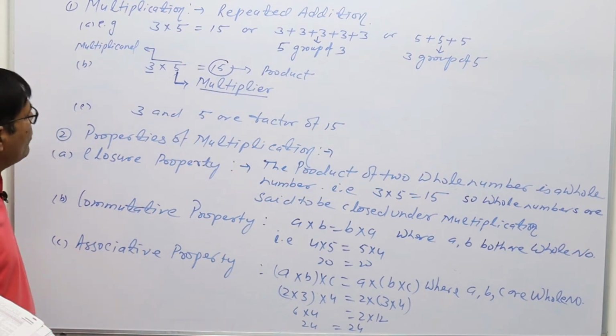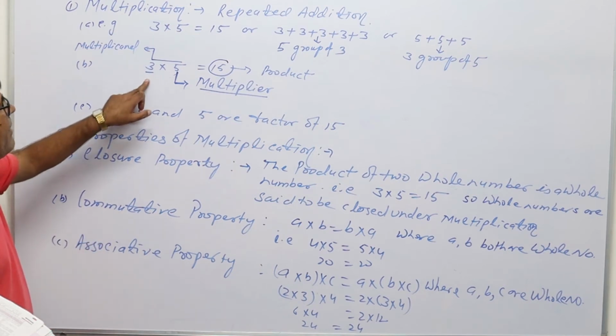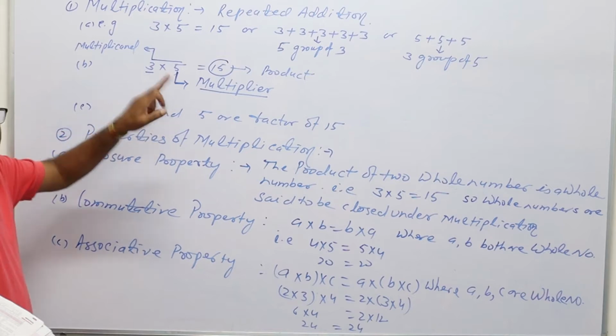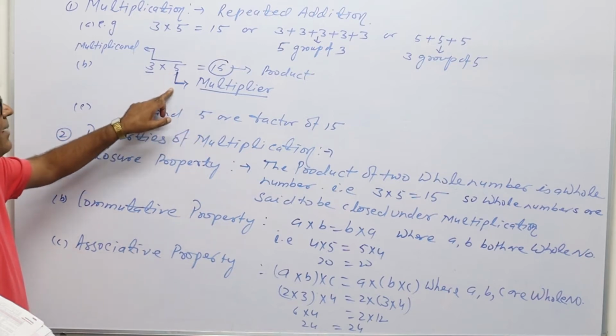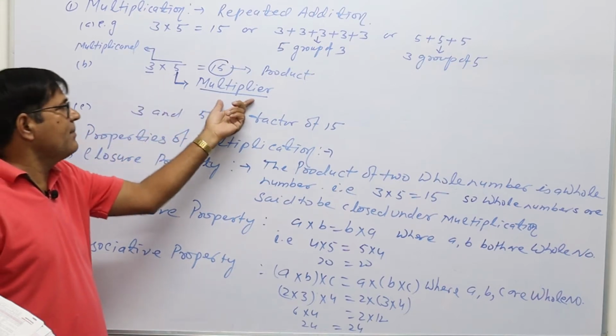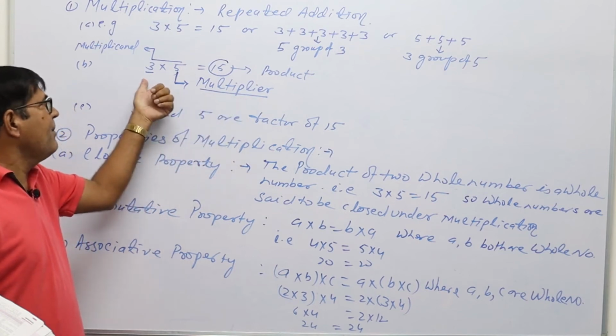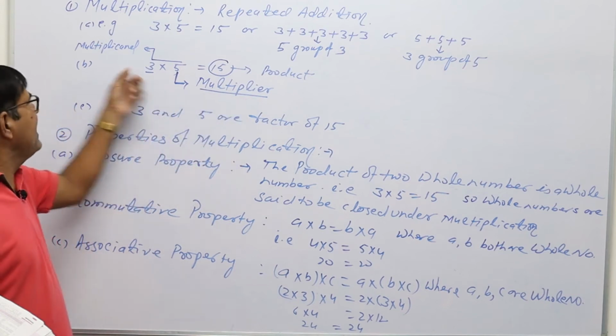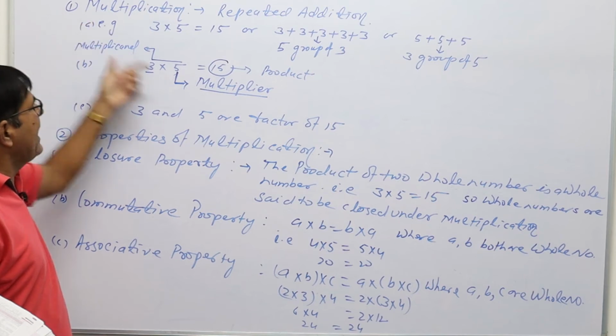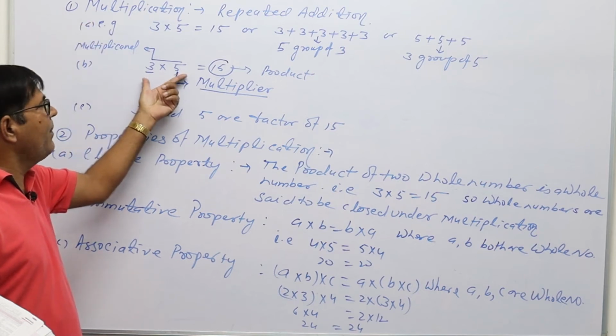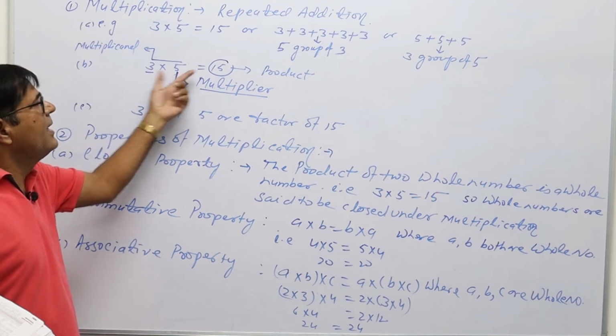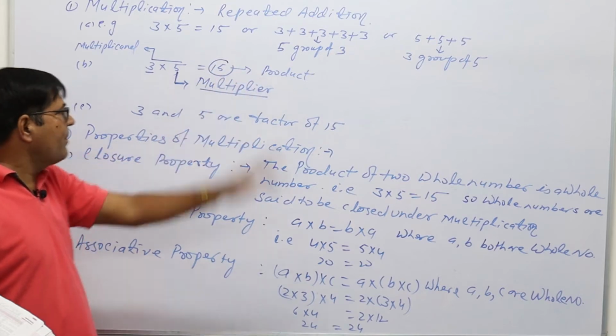So if we multiply a given number by another number, then the number by which we are multiplying is known as the multiplier, and the number which is multiplied is called the multiplicand, and the result of the multiplication of two numbers is known as its product.